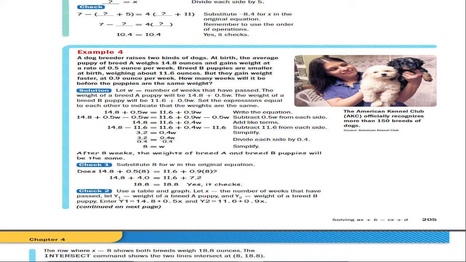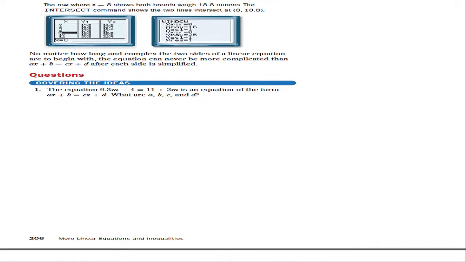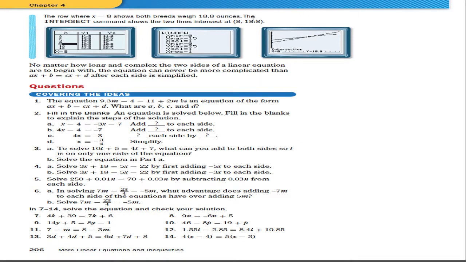If you put it into a graph on your calculator, you would then want to do the intersection function on your calculator to show where the two lines intersect, and you would get that it would be 8 weeks at 18.8 pounds. Oh, excuse me, 18.8 ounces. Or we could have seen that from a table, depending on which one you decided to do.